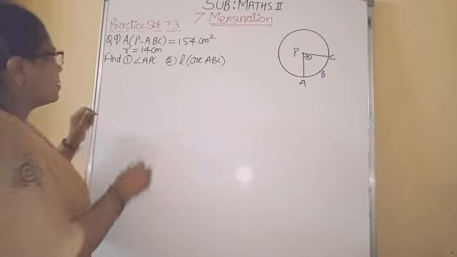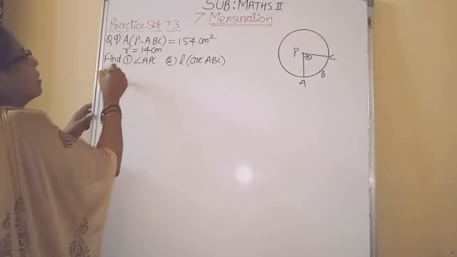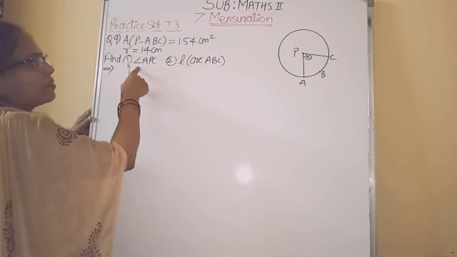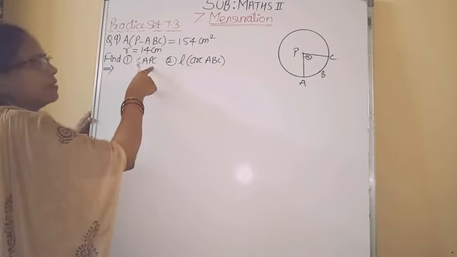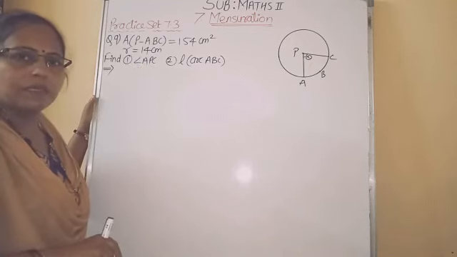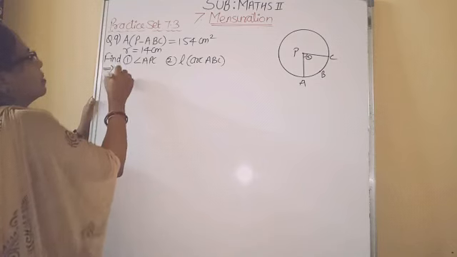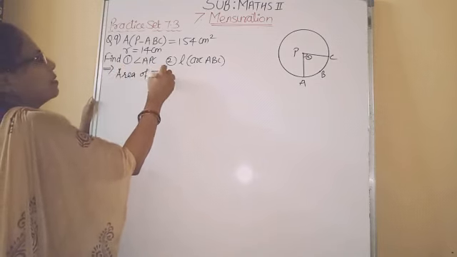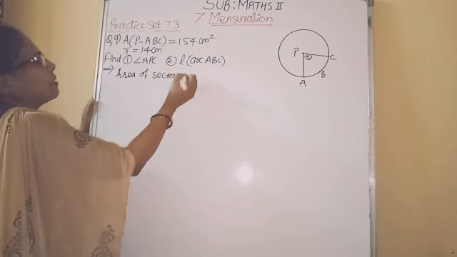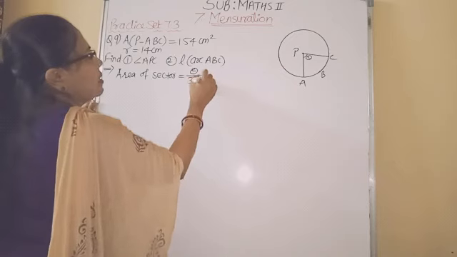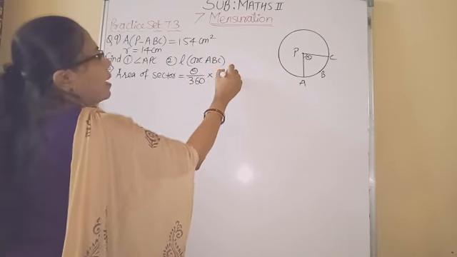Okay, so let us start the solution. Area of sector is given and we have to find out central angle theta. So we will use first formula, area of sector. So area of sector is equal to theta upon 360 into pi r square.